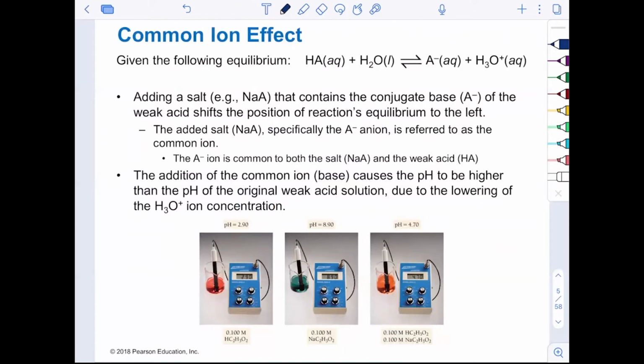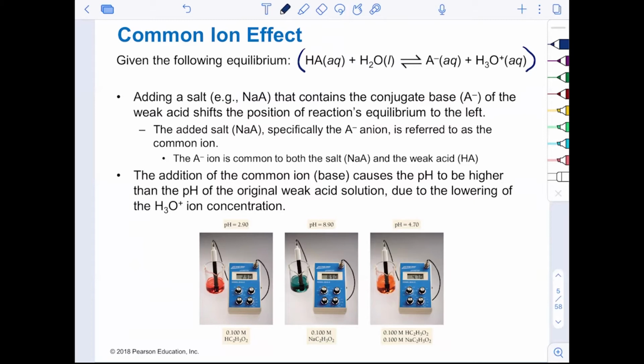And this is because of the common ion effect. If we think about our overall acid ionization reaction, we're going to start here with this reaction and start looking at ice tables again. Now, adding salt, NaA, the sodium form of the conjugate base, to the weak acid shifts the position of the reaction's equilibrium to the left.